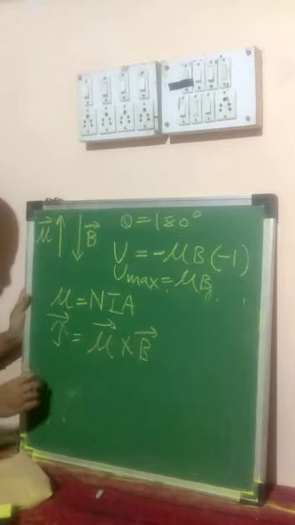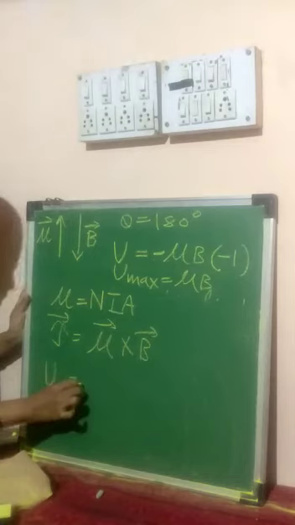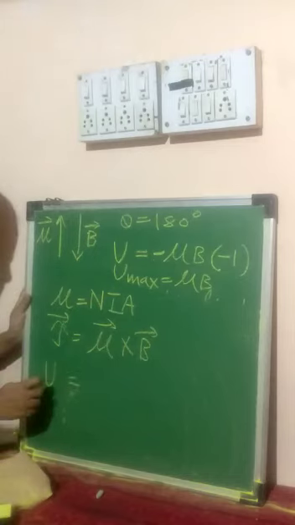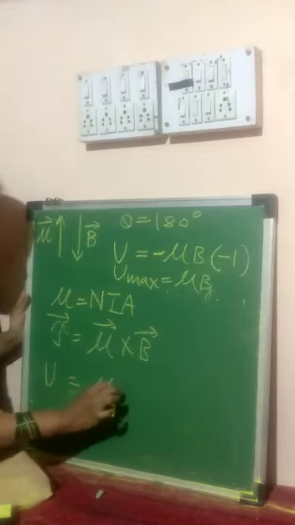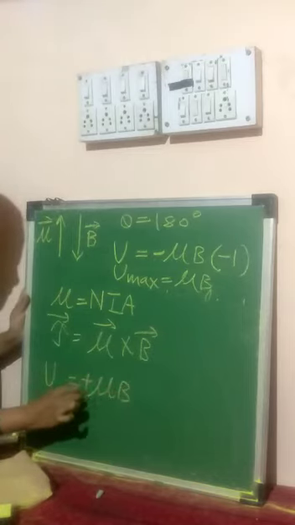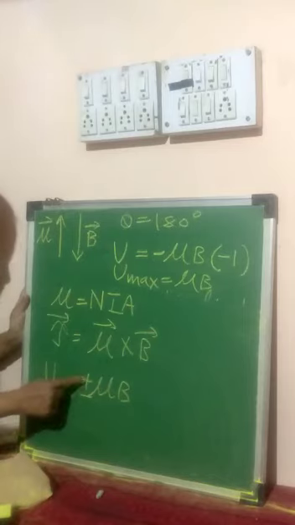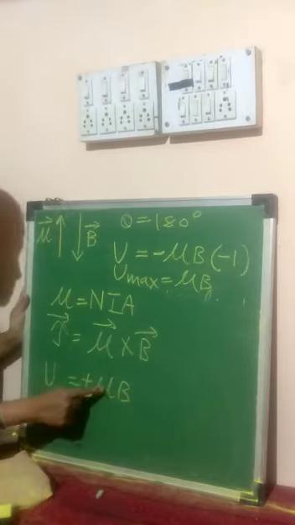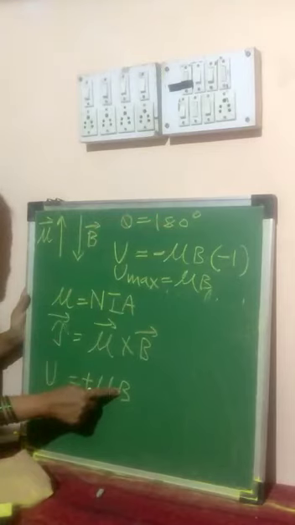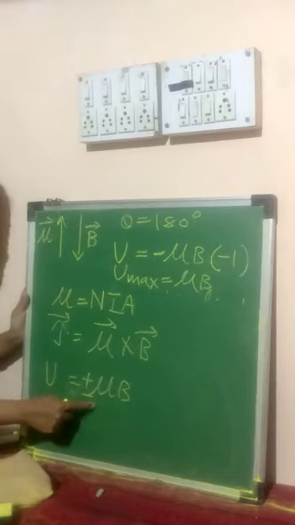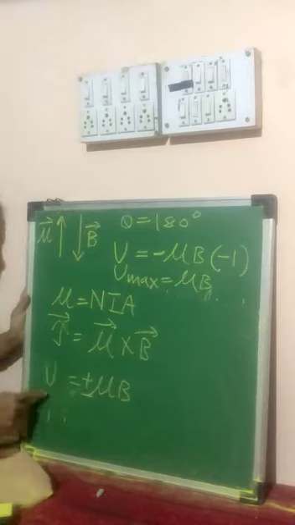We have also seen the magnetic energy, denoted by U, which is plus or minus mu B. It is maximum, positive, when the angle is 180 degrees, and minimum, negative, when the angle is 0. And this is about these three physical quantities. Thank you.